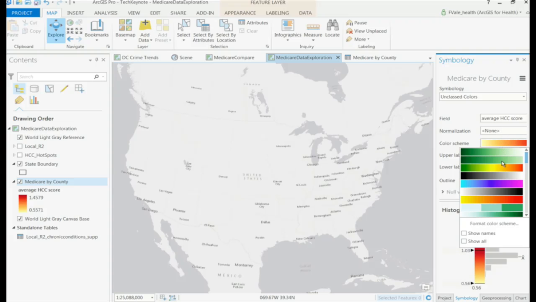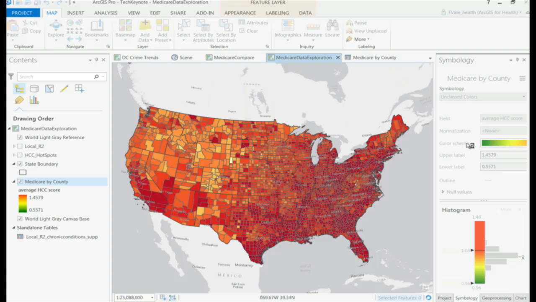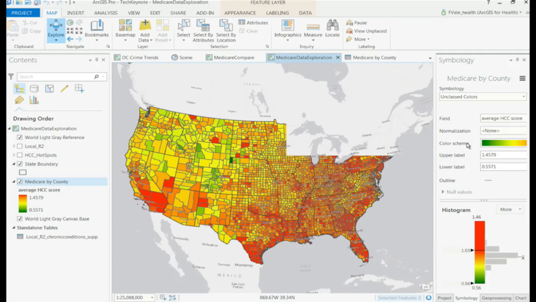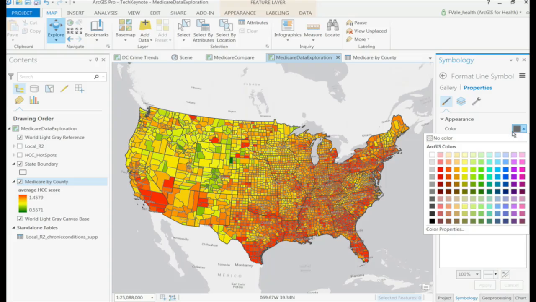So average HCC score is a measure of the health of a population. It's an index that's used to quantify the health of the population based on some chronic conditions like diabetes, asthma, heart disease, etc. So the counties in red are the least healthy, while the counties in green are the healthiest.